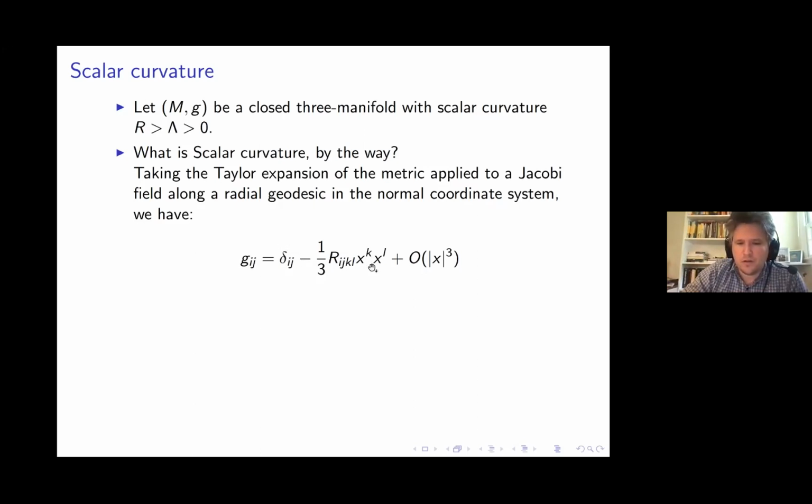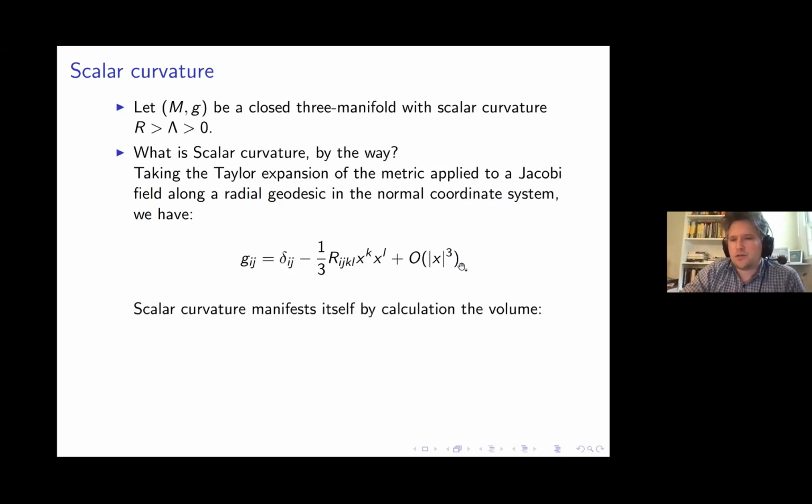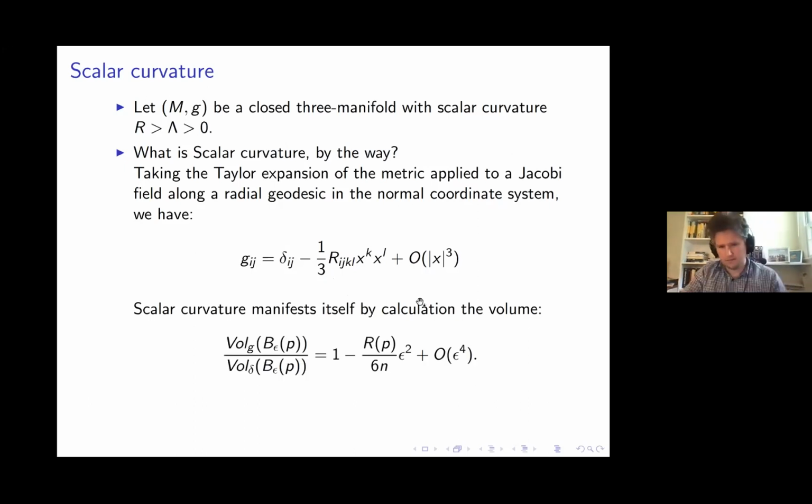And the scalar curvature manifests when you take this Taylor expansion of this smoothly varying inner product locally, and you calculate the volume. So I take a ball of radius epsilon with this metric g, and a ball of radius epsilon with the metric delta, with epsilon small, and I get this expansion here in terms of epsilon.